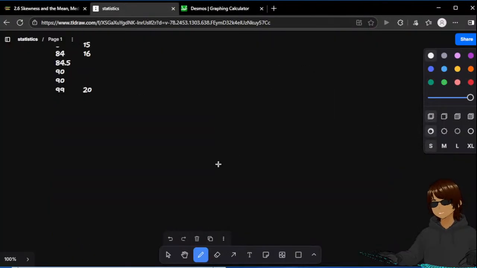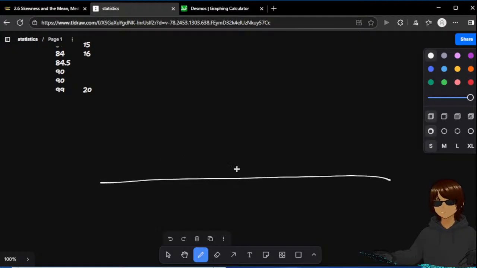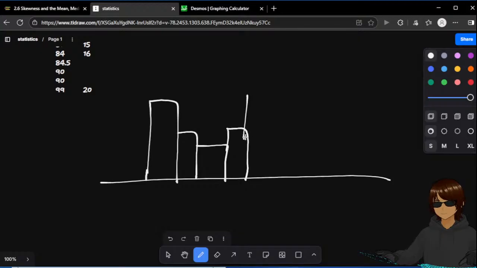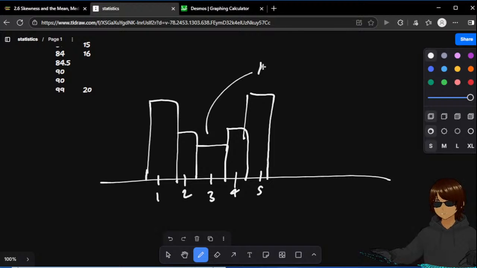Oh, I see. You can have a histogram that looks like this. Imagine they're the same height. One, two, three, 4, 5. In this case, this is the mean, and this is also the median, but these two are the mode.